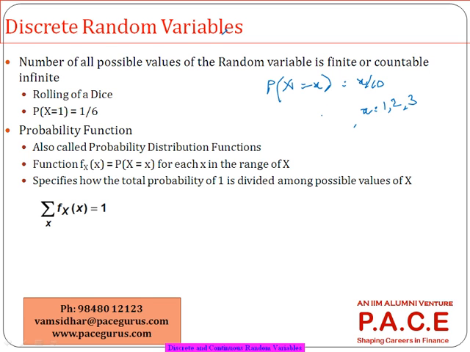Is this a probability distribution? Now how do I check it out? Take all the possible values of x. These are the possible values of x. What are their corresponding probabilities?